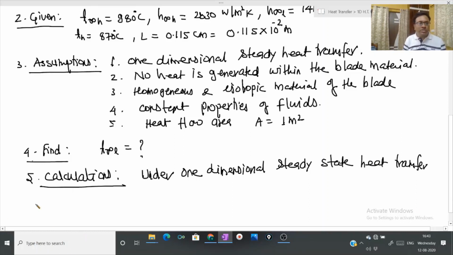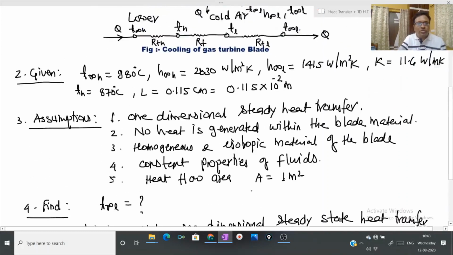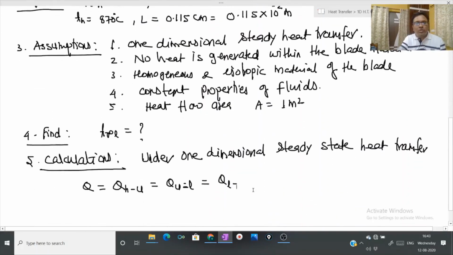the consequence of this assumption will be that rate of heat transfer from hot gases to the upper surface of the blade is equal to rate of heat transfer from upper surface of the blade to lower surface, which will be equal to rate of heat transfer from lower surface of the blade material to cold air.